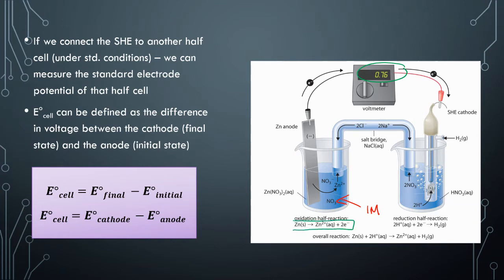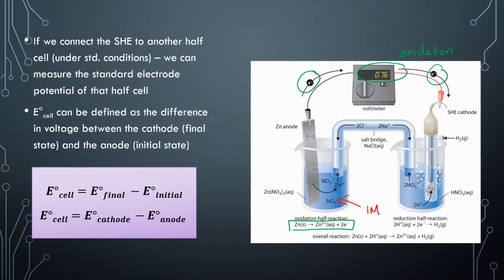This is an oxidation half reaction. Zinc is becoming zinc 2 plus and 2 electrons. Those electrons are traveling to the hydrogen. Okay, so the oxidation potential of zinc is positive 0.76. Okay, this is for the oxidation of zinc.